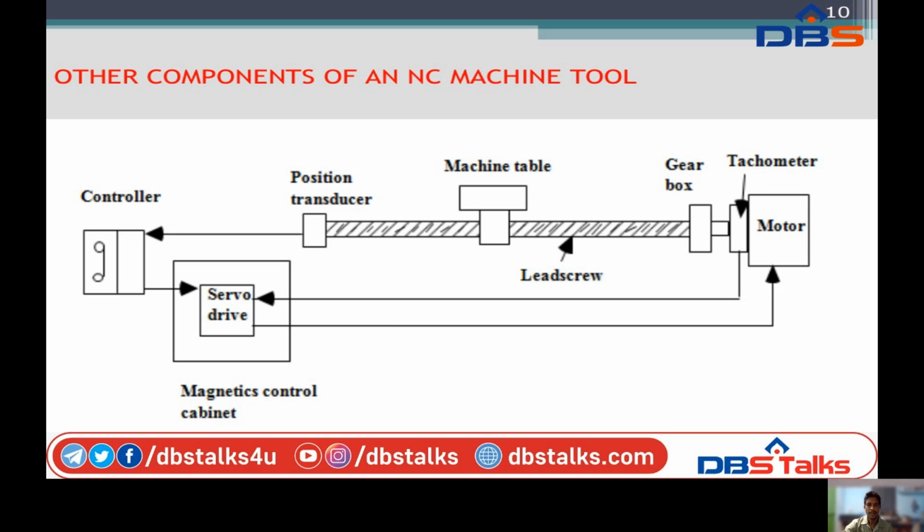In this, the main part is the servo drive, which consists of a number of parts and the gearbox. The cycle starts from the servo drive. The servo drive moves the motor. Once the motor is turned on, the process continues by using gears. By using the gearbox, we can change the velocities and speeds of spindles or lead screws, etc.